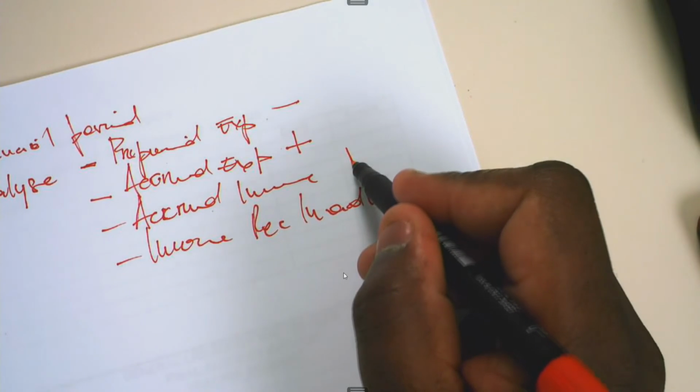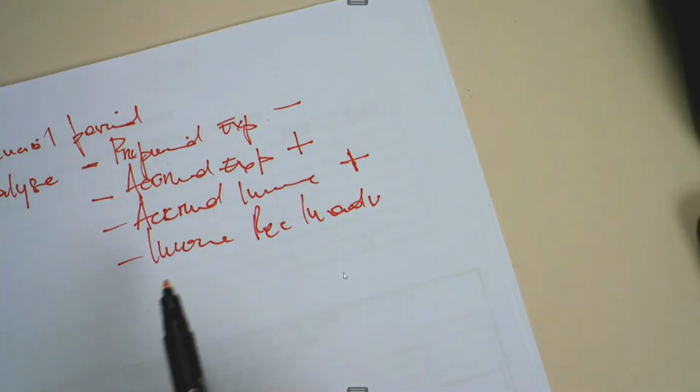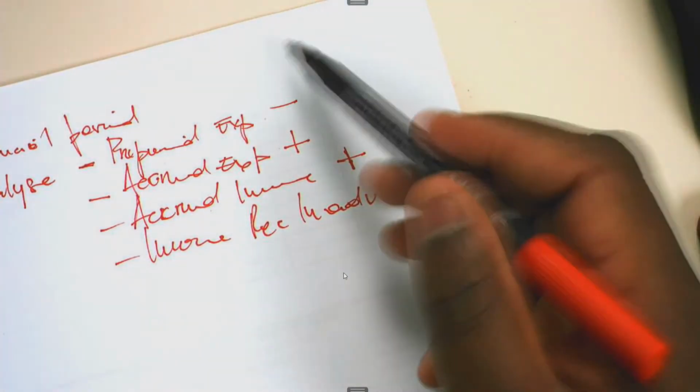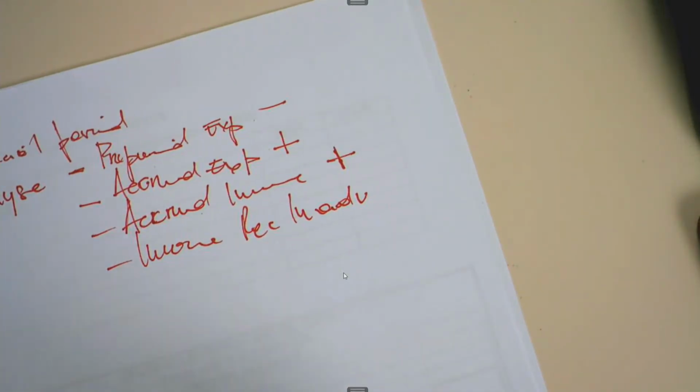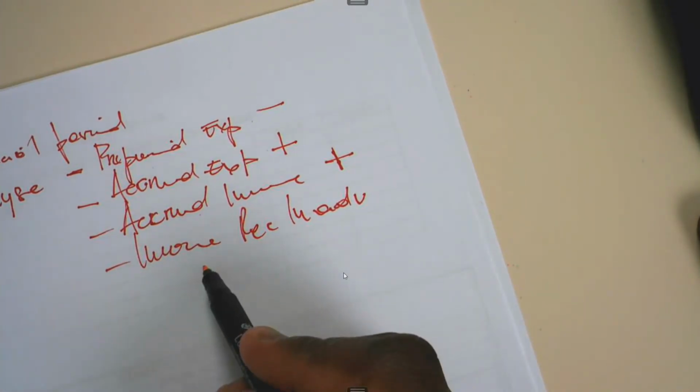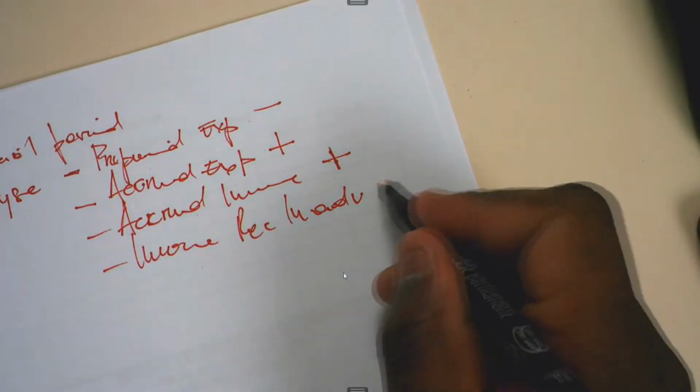We add. Now, if at the end of the financial year we have received an income for the next financial period, be it from our tenant, then it is income received in advance. We subtract.